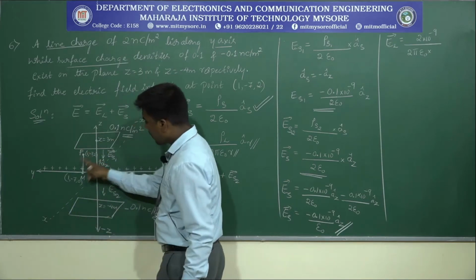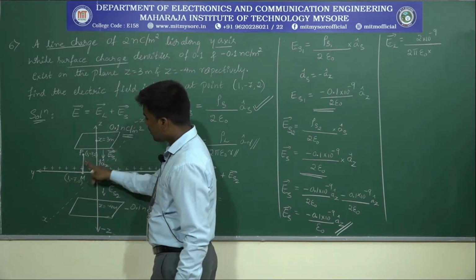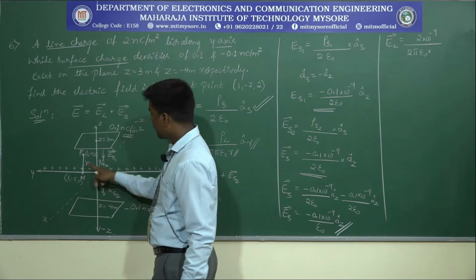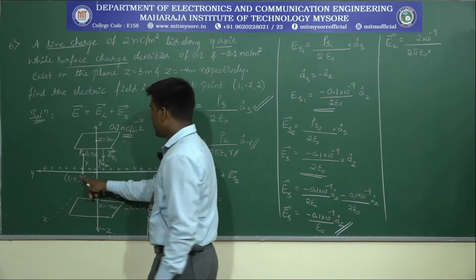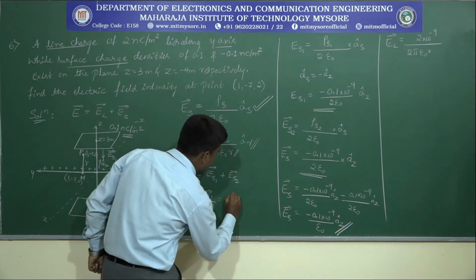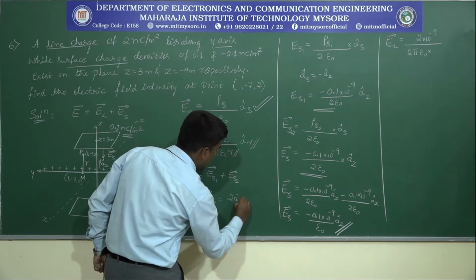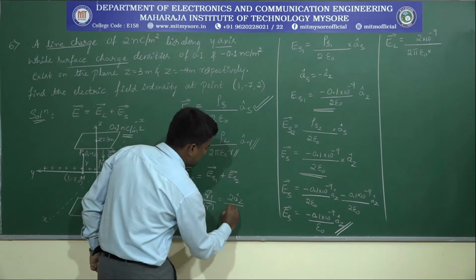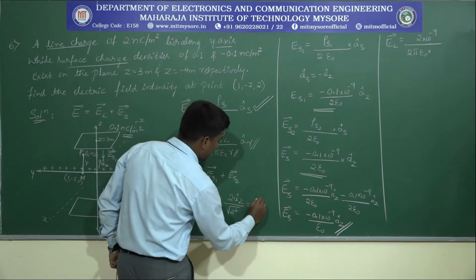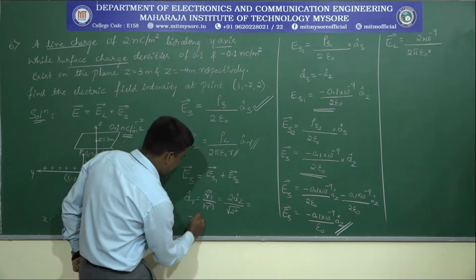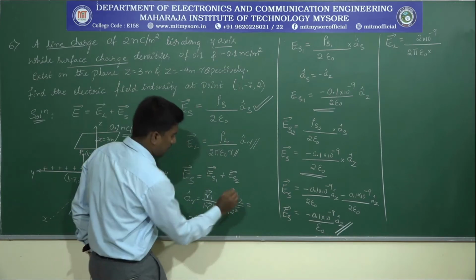See here, 1 minus 1, 0, minus 7, 0, then 2 minus 0, 2. Okay, so we are left with only 2 into A cap Z divided by square root of 2 square. What are we going to get? So the magnitude of R is 2.